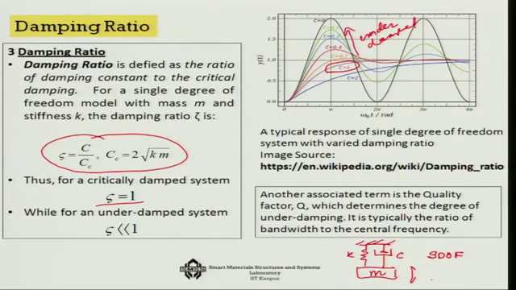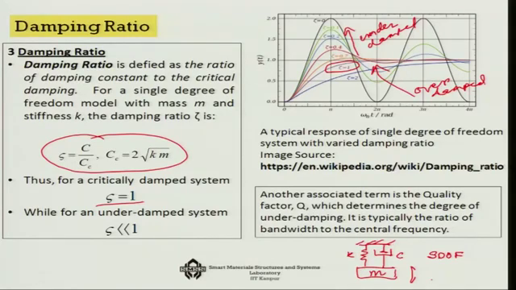And this is the one single case shown where the zeta value is greater than unity. This is the over damped case, which you will not see practically. Most of the cases it is under damped, and it is of importance what the value of zeta will be corresponding to that under damped case.